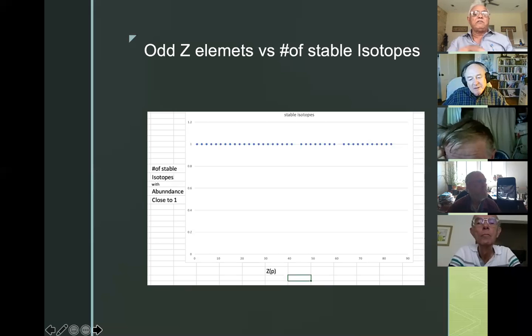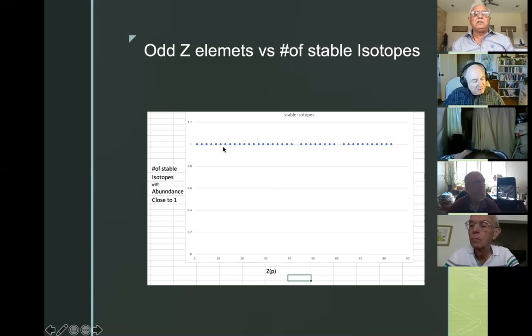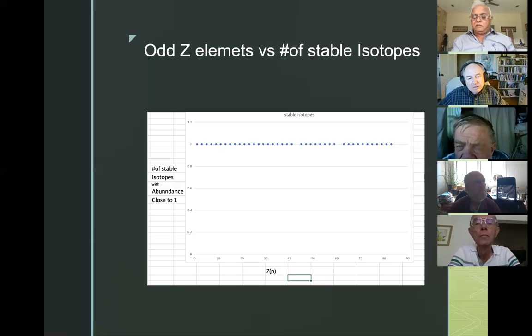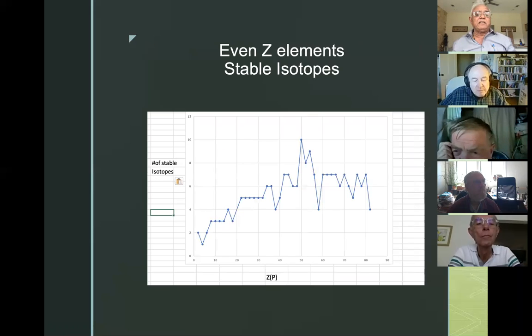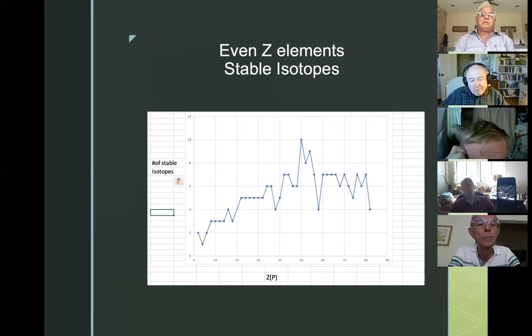There is no other. So now when we look at all of them, you can see that 43 right here and 61 here have no stable isotope, but every other one is either close to one or they are one. So this is a very interesting thing. Now if you look at the even Z, even proton isotopes right here, and they are all stable isotopes, let me show this, it has more than one isotope.